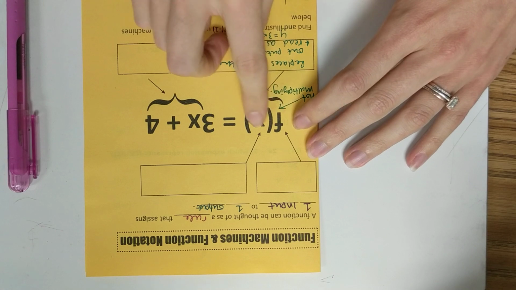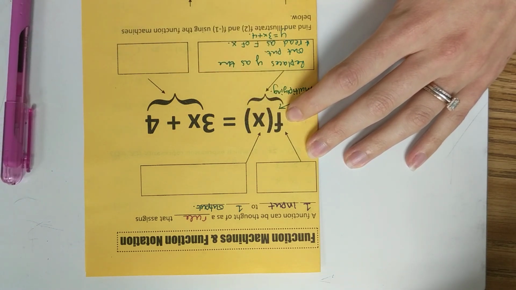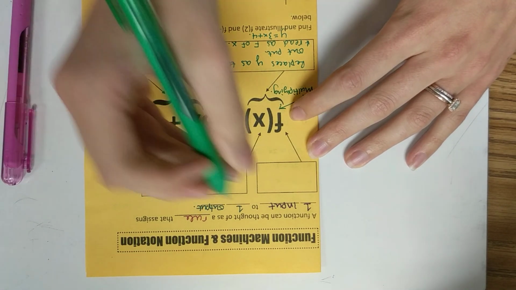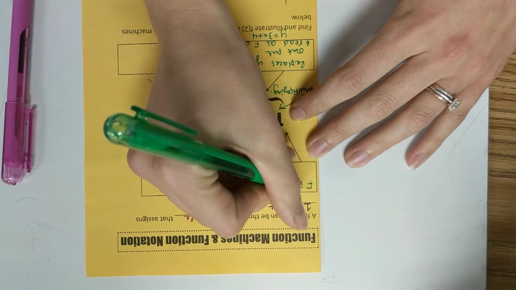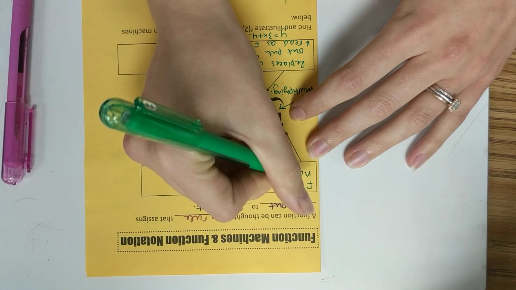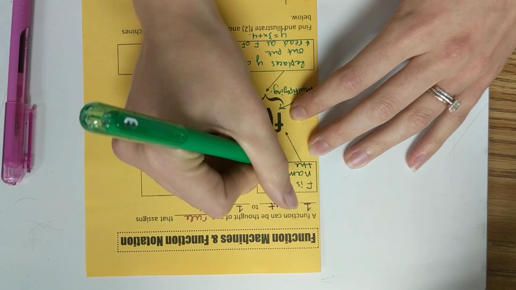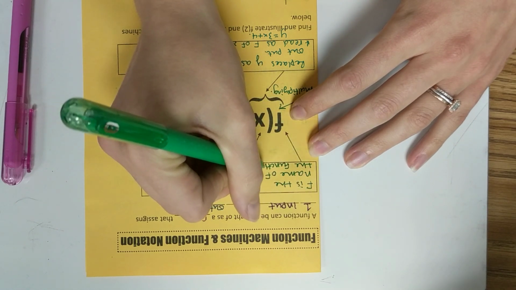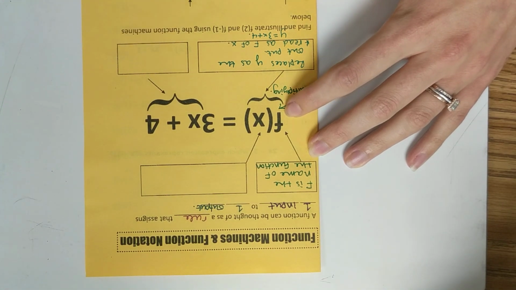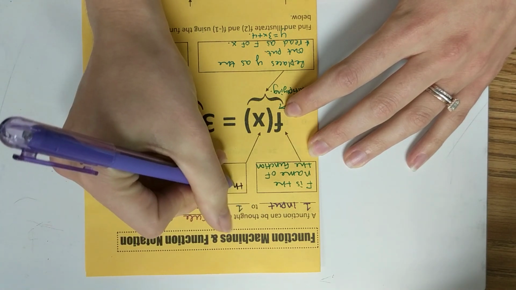So the f tells us the name of the function. So we would say, oh, this is function f. And then we all know that x is our input. It's the independent variable.